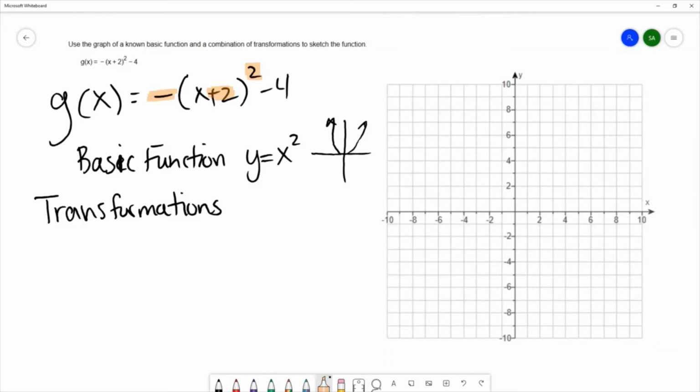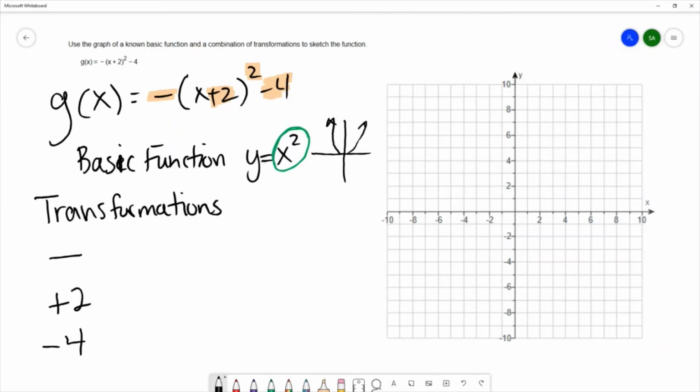Those are all the operations that you don't see in our base function x squared. So we have the negative, the plus 2, and the minus 4. And each one of these transformations will do something different to adjust the graph of the basic function.